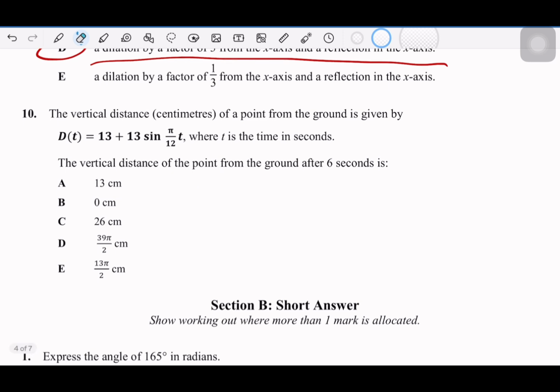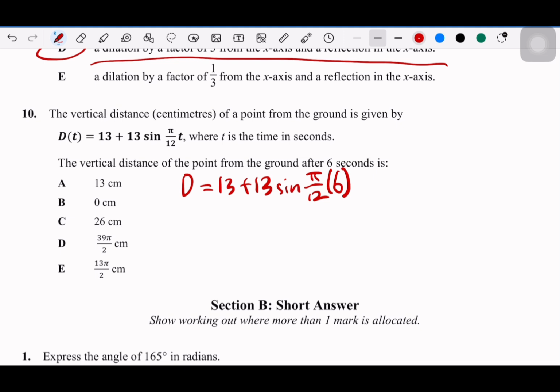The distance equals 13 plus 13 sine, basically input the entire equation, pi over 12, and you're going to substitute t in seconds with 6. And so you're going to solve that on a calculator.